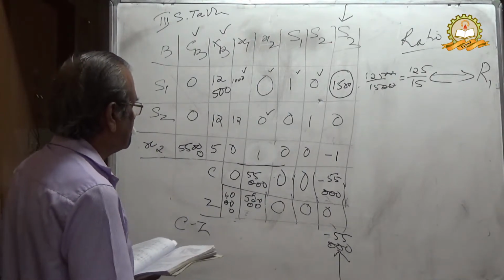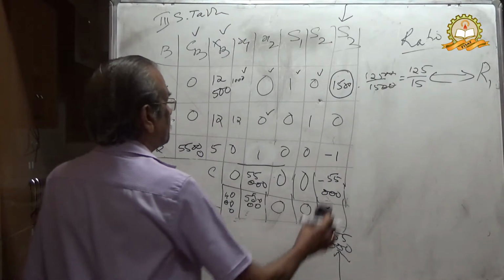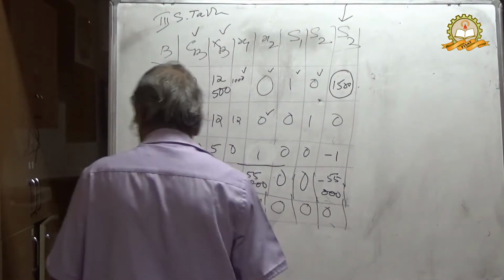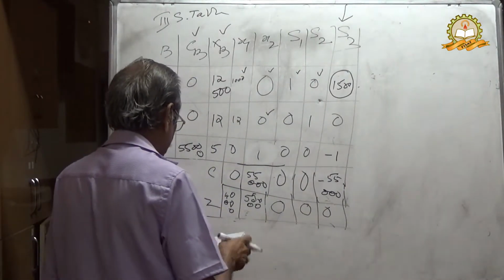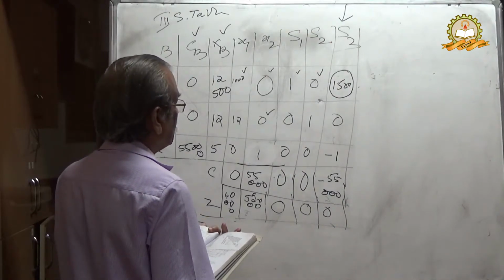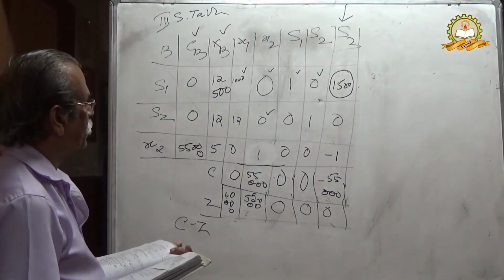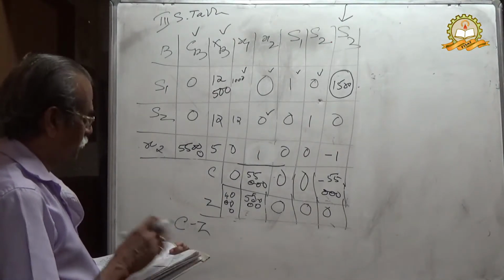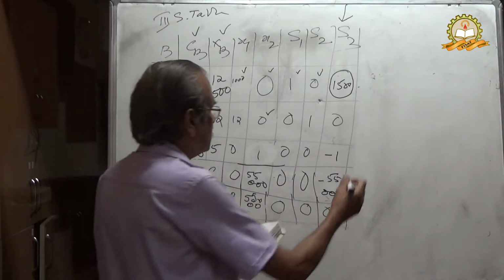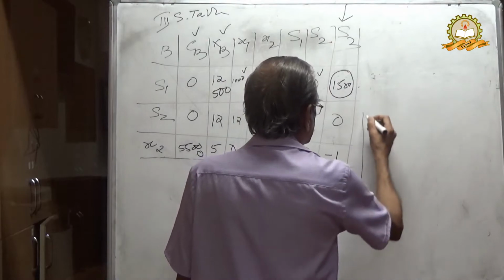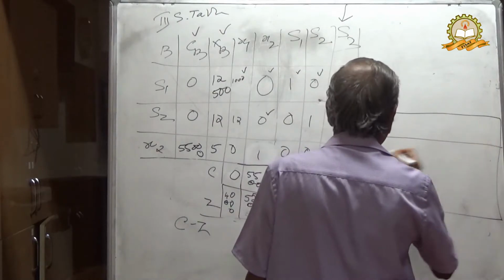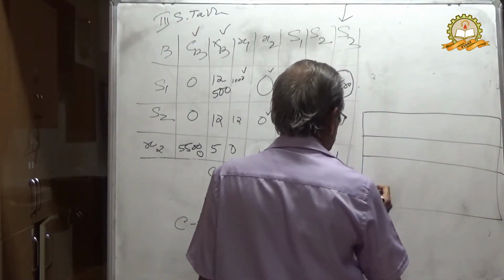Therefore, the pivot value is 1500. Then based on this number 1500, we have the next revised simplex matrix. The next simplex matrix will be as follows.